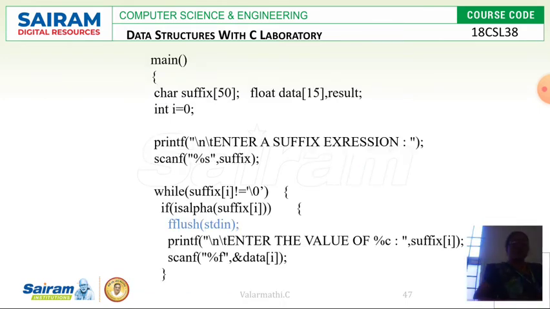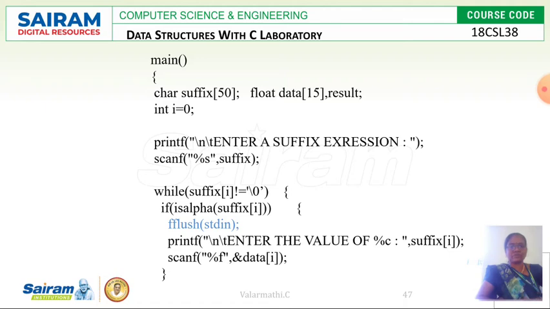Coming to main, the first points are variable declarations. Here suffix, data and result are the three character arrays declared, and int i equal to 0 is initialized. After this initialization, first we need to get the input. So the entire suffix expression is read and stored in the character array suffix, right?